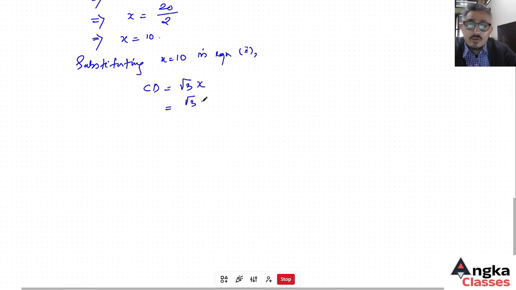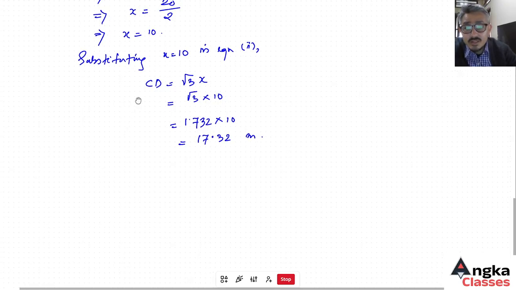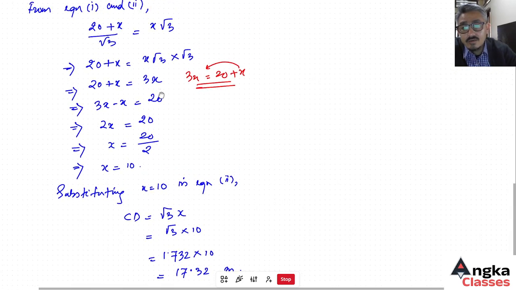CD is equal to root 3 into 10. Root 3 is 1.732, into 10, so we have 17.32 meter. So we have the value of CD and the value of x.